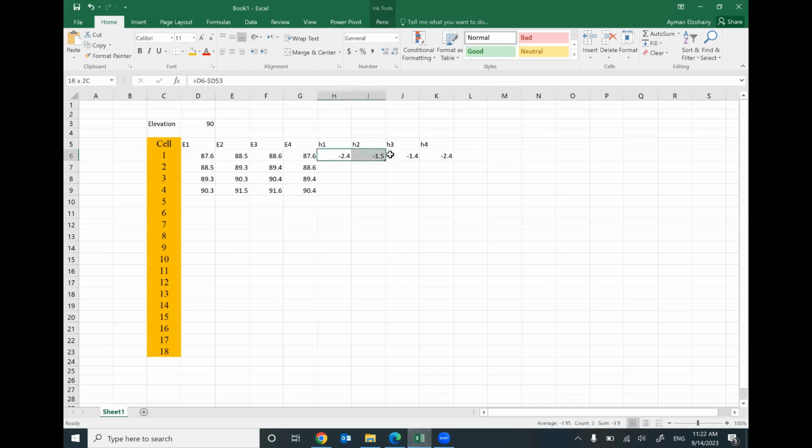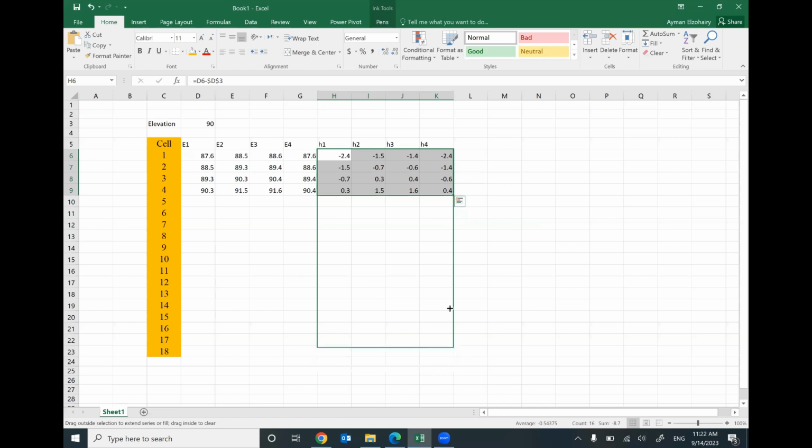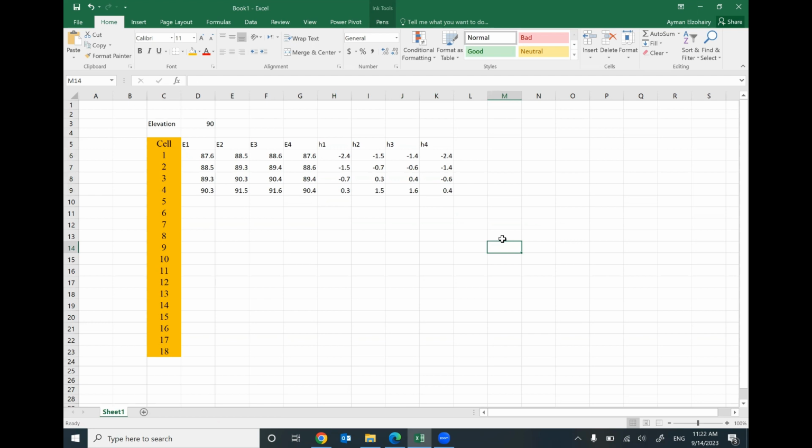Keep going. If you highlight these cells, all of them, and you can grab from here down, you can repeat this calculation for all of the other cells. If you have more, you can grab them to the end. That makes sense, but we don't have time to fill all of them. Looks like for cell number 1, we need to do fill for all of it.